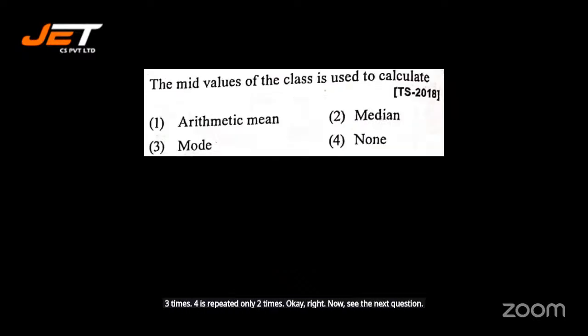The mid values of the class is used to calculate dash. So you can take 1 full minute to think over it and then give me the answer. The mid values of the class is used to calculate arithmetic mean, median, mode, or none. Yes, so take your time and quickly try to give me the answer, students.